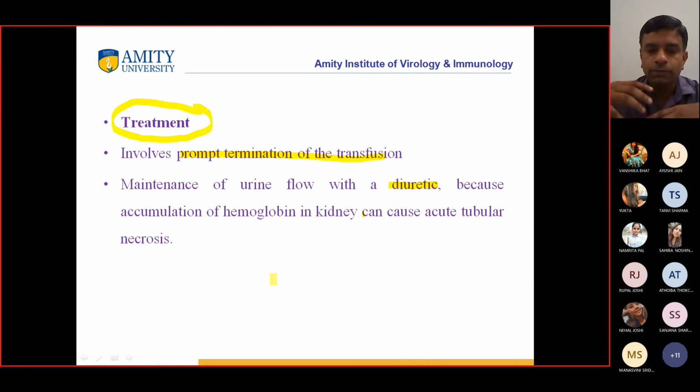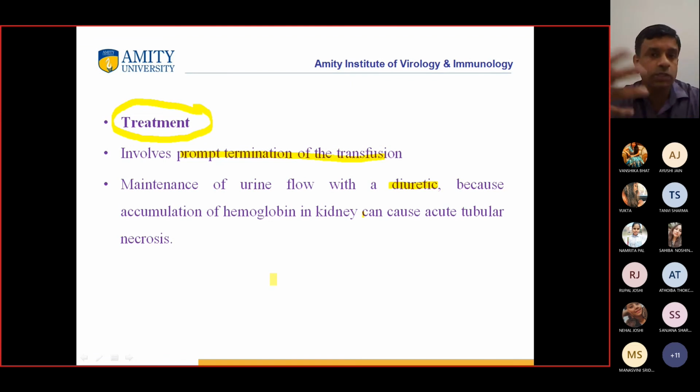So you can just imagine, in such patients there is a high amount of hemoglobin in the system, and that will be filtered through the kidney.